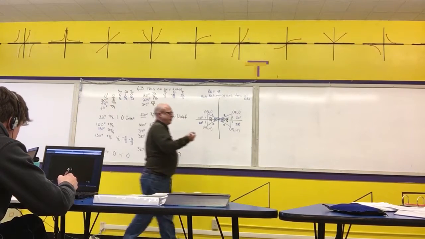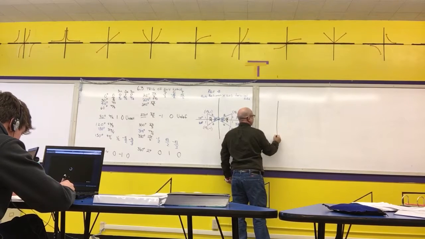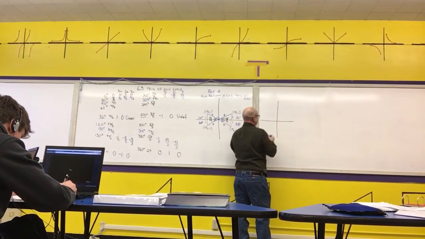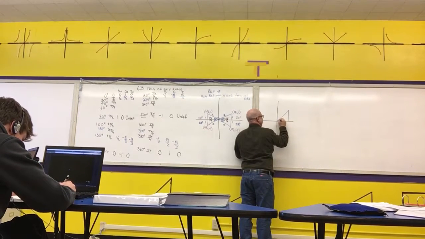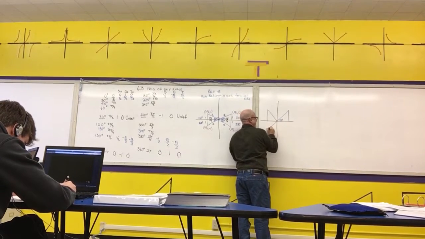What's my next angle I'm going to draw? 45. Let's do the 60s. Oh, let's do the 45 since you asked for it. I'm going to draw a 45-degree reference angle in each quadrant.